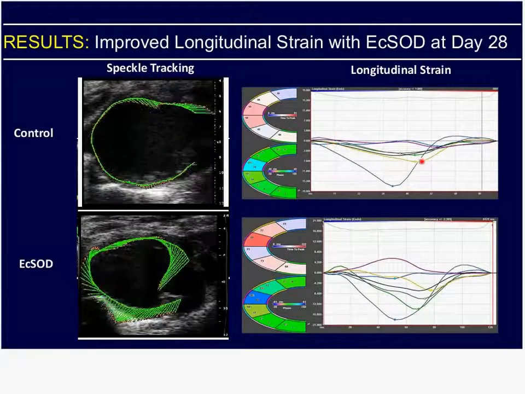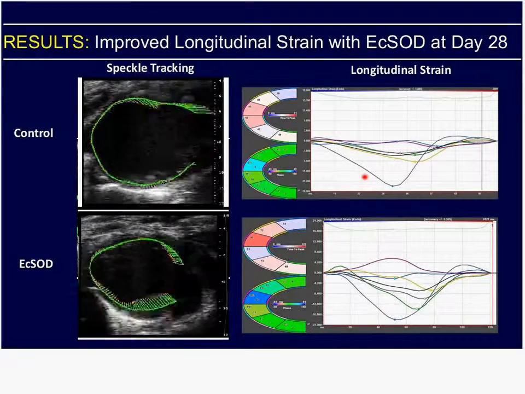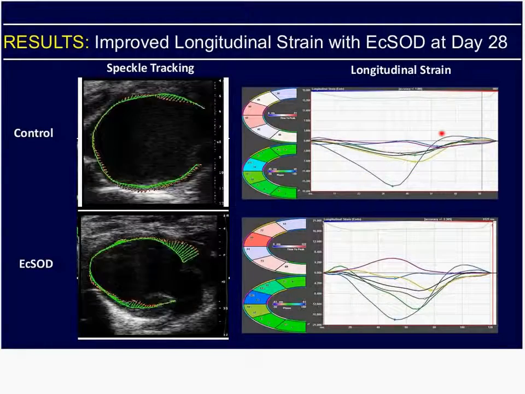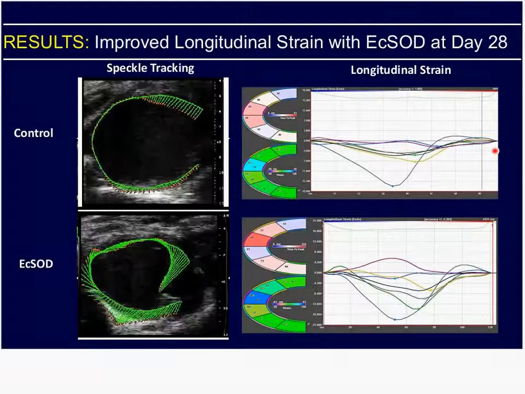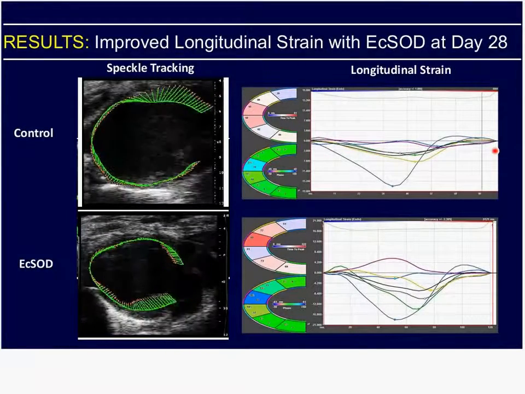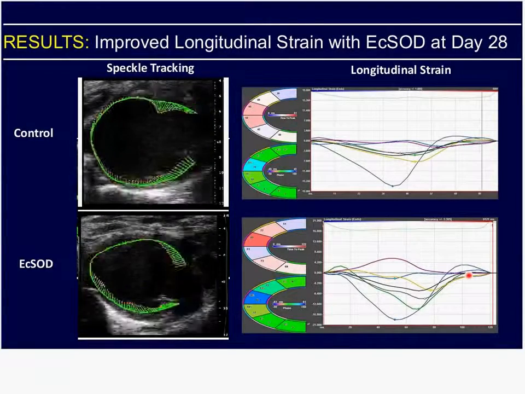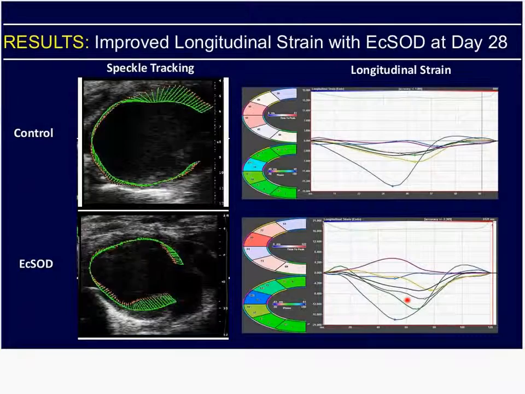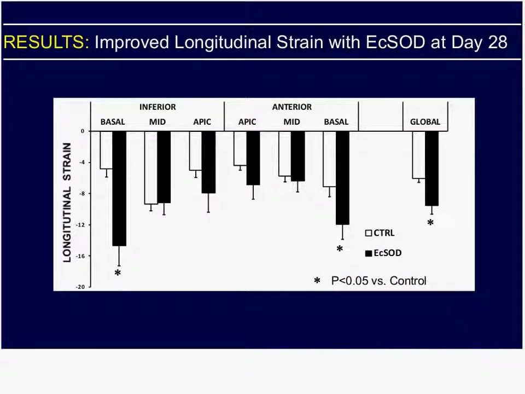As you notice here, we've only really got one segment which is behaving normally, and the rest of the segments are severely defective. In the ECSOD mouse, we've got more segments that are contributing to longitudinal strain.